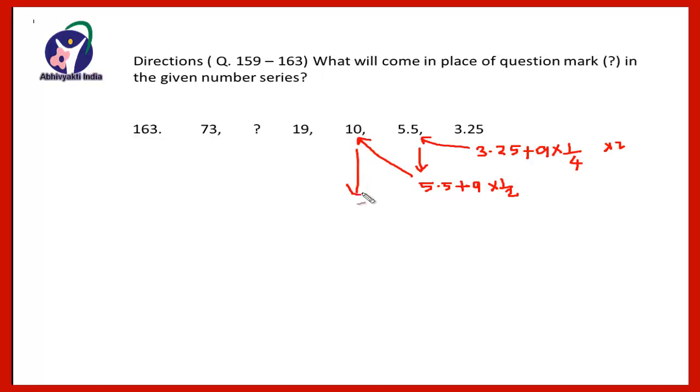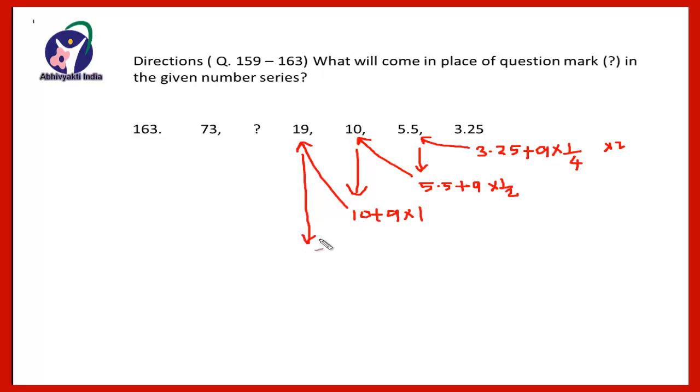Now this 10 plus 9 multiplied by half multiplied by 2, that will be 1. So 10 plus 9, that will be 19.